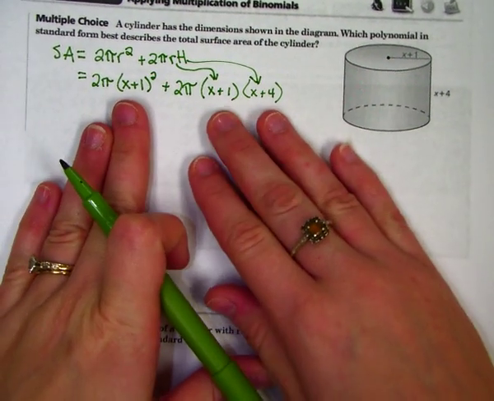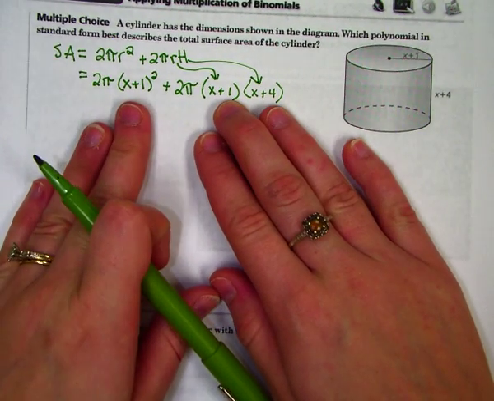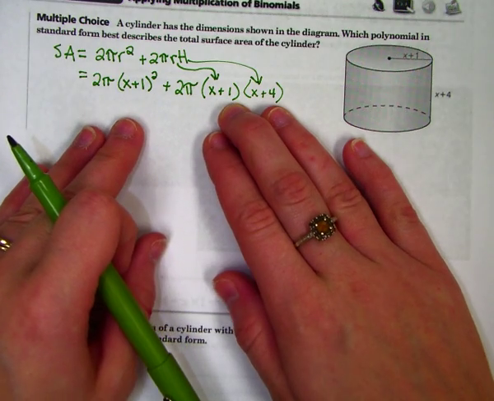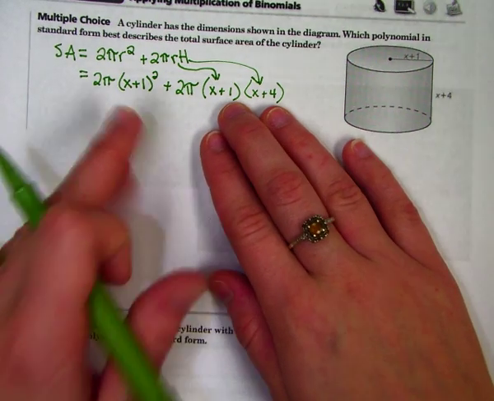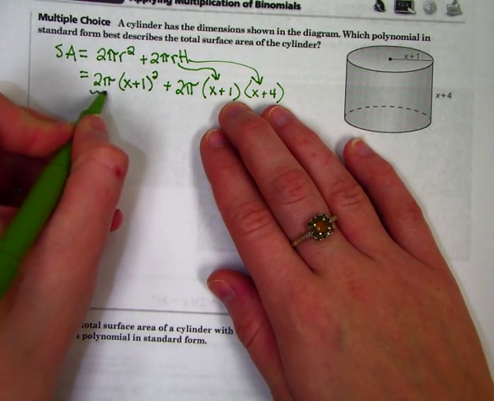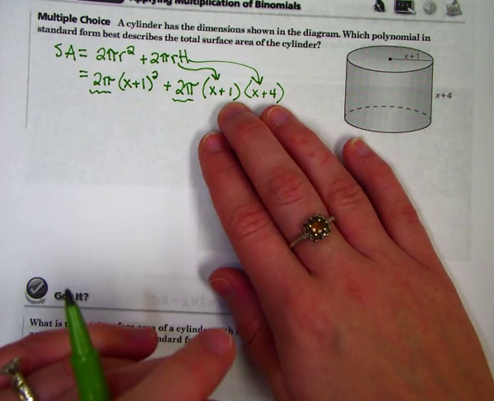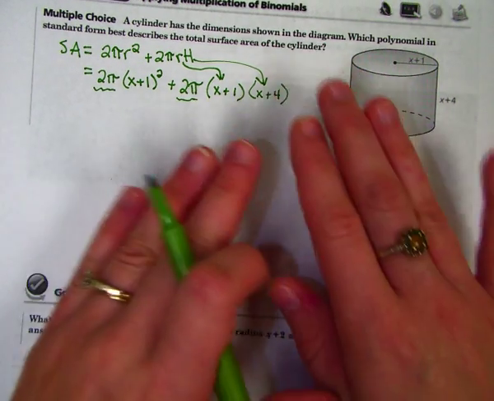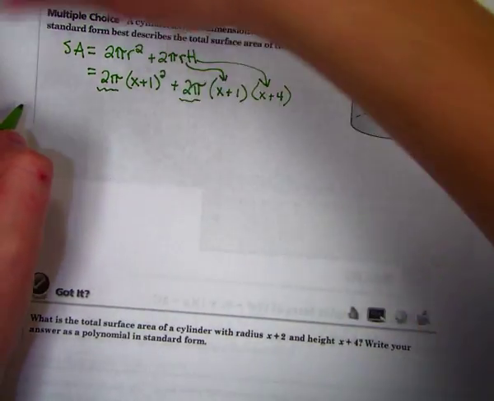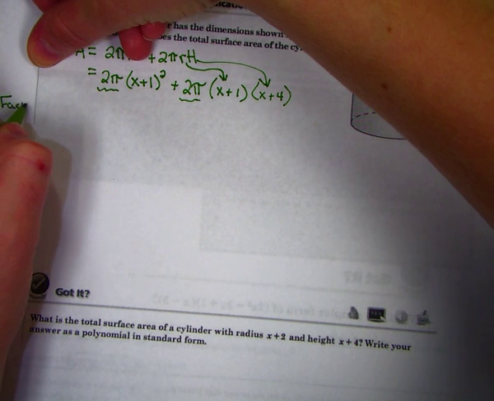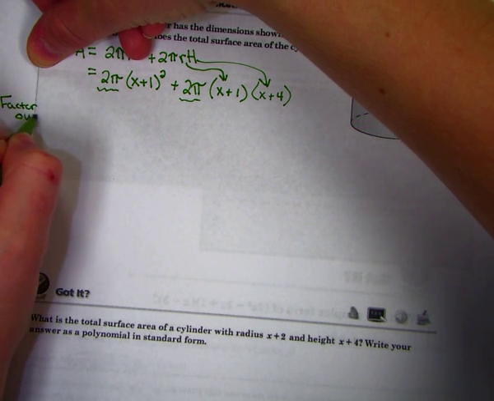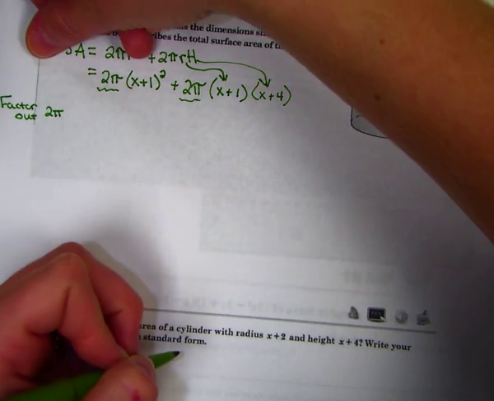At this point in time, the book does not suggest this yet, and I think it gets a little complicated. Does everybody see right here? And you see how there's a 2 pi in each one? I'm going to factor out 2 pi.